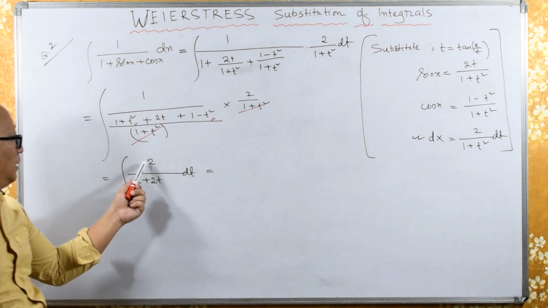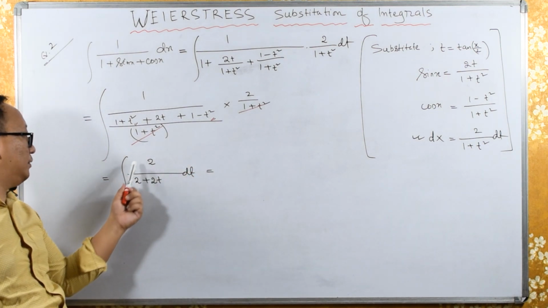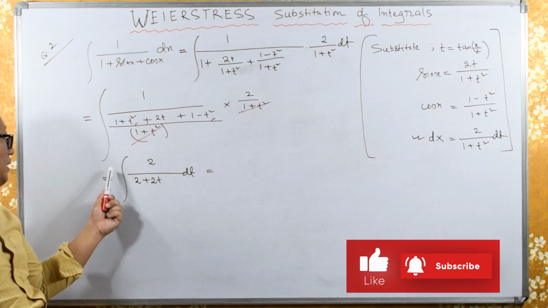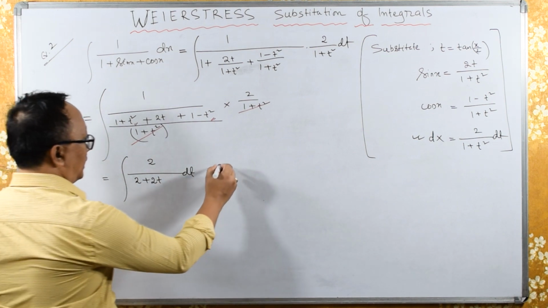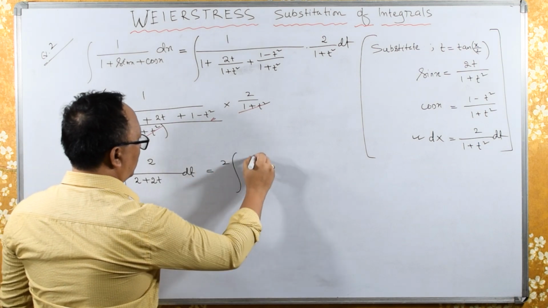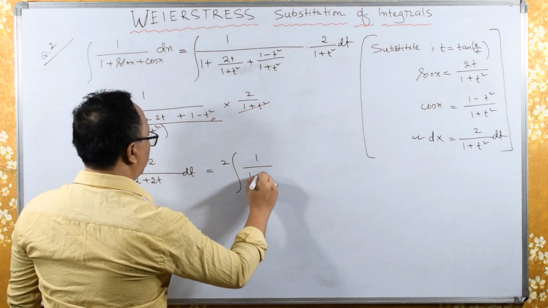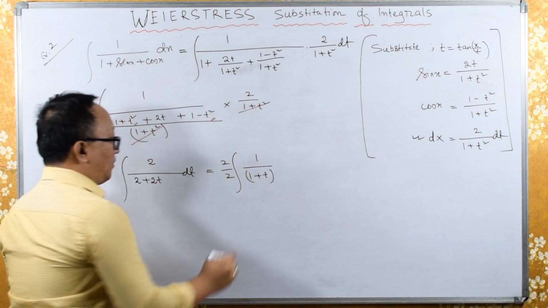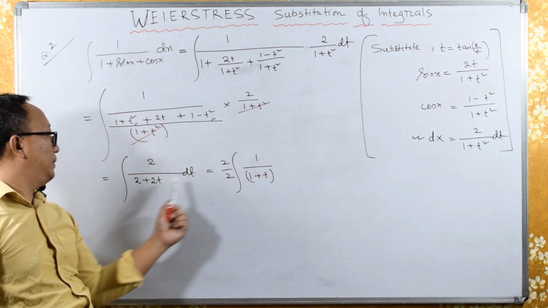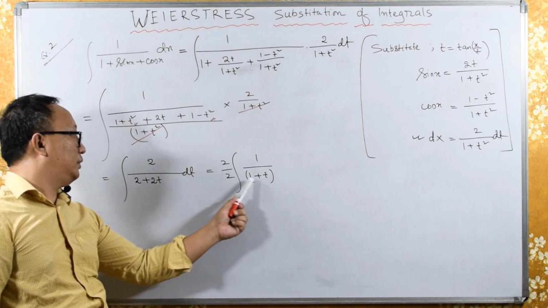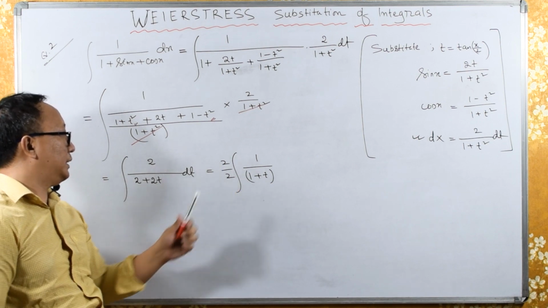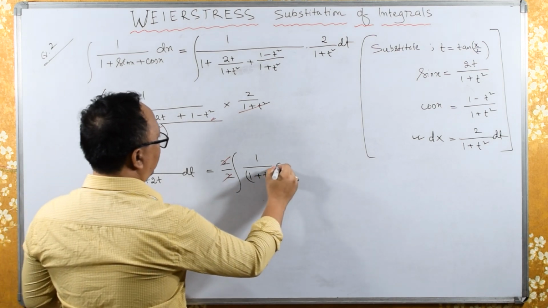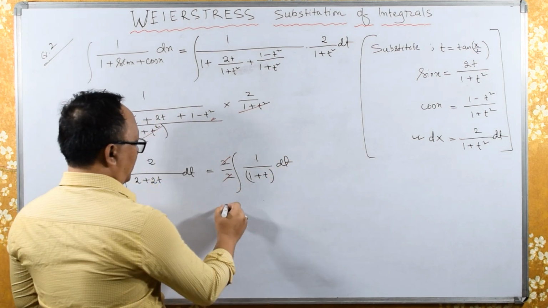From the numerator I have 2, from the denominator I can take 2 common, so 2 upon 2 gets cancelled. Here I have 1 upon 1 plus t, and dt.